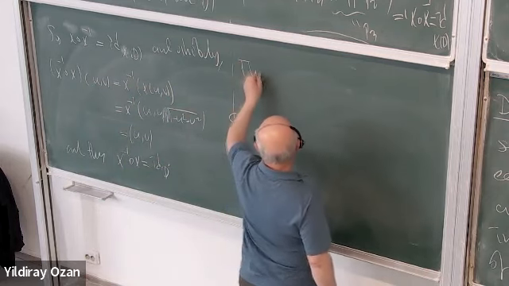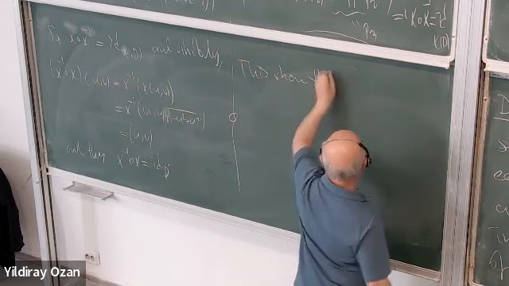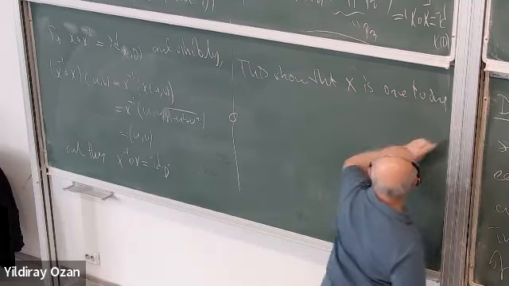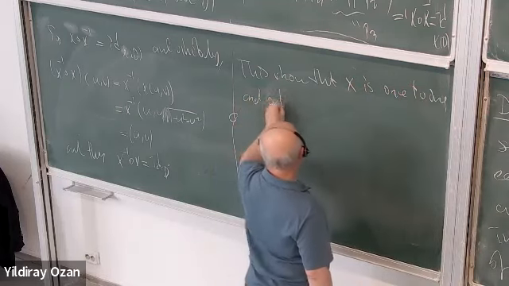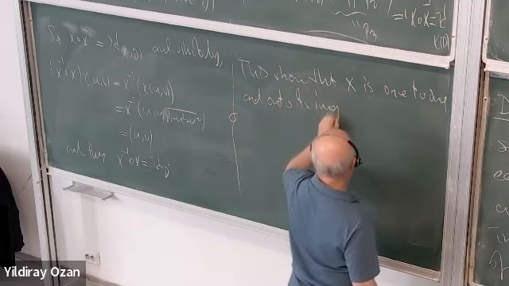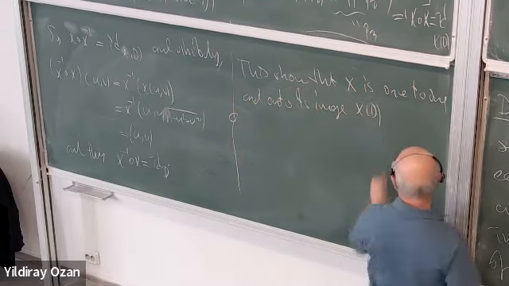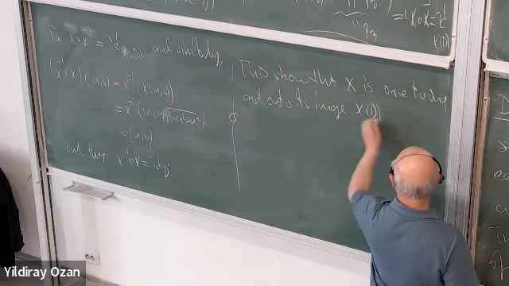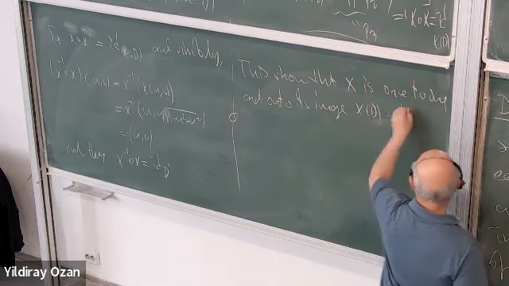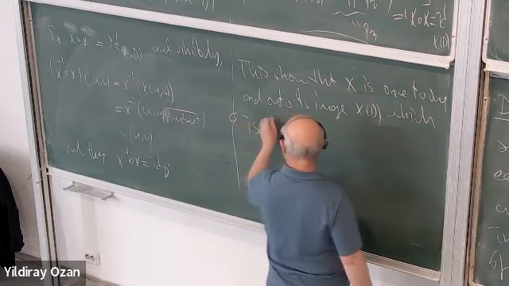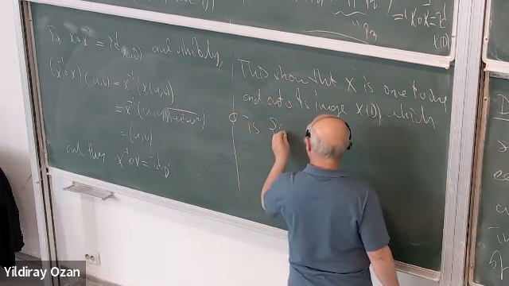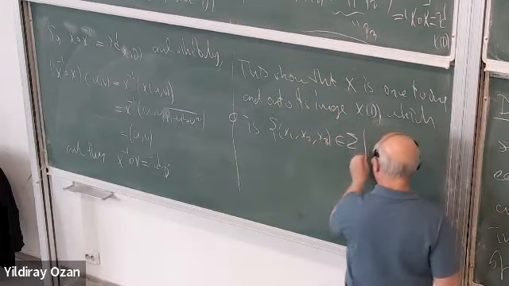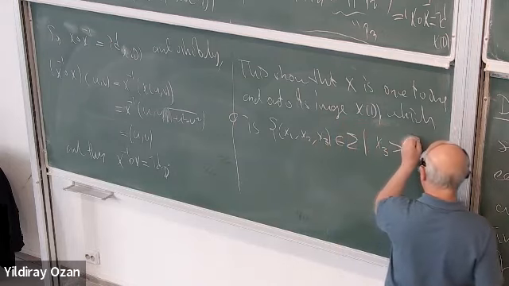So this shows X is 1 to 1, and onto its image XD, which is just the open subset of the sphere, this subset of points x1, x2, x3 on the sphere such that the third coordinate is positive.